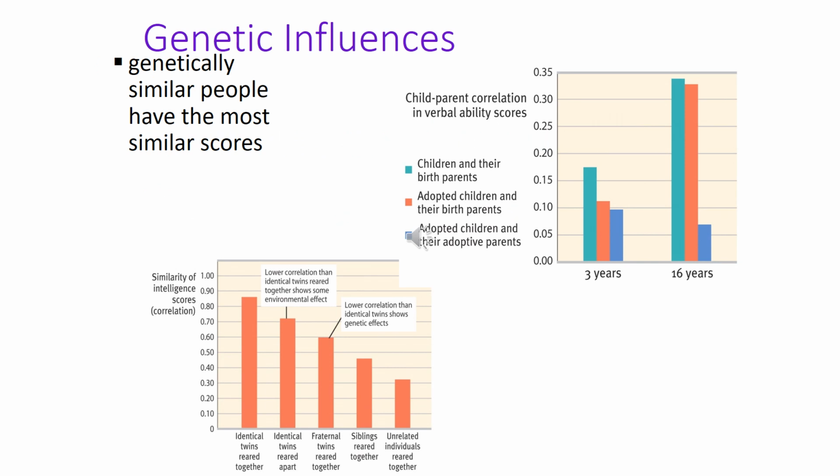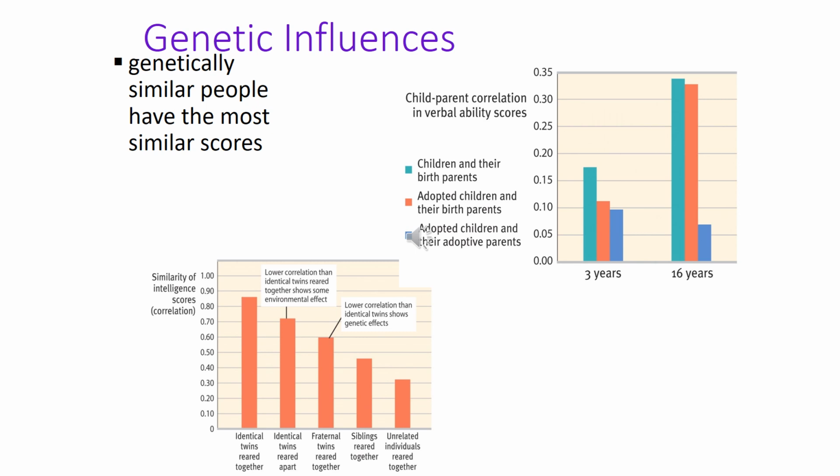As I was saying about twin and adoption studies, it seems that the more genetically similar we are to another person, the more our scores will correlate with one another. But we also have to look at environmental or nurturing factors that can contribute to our intelligence level.